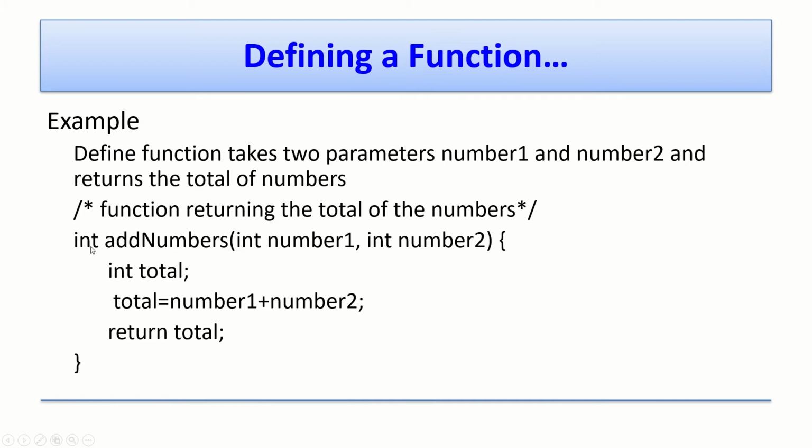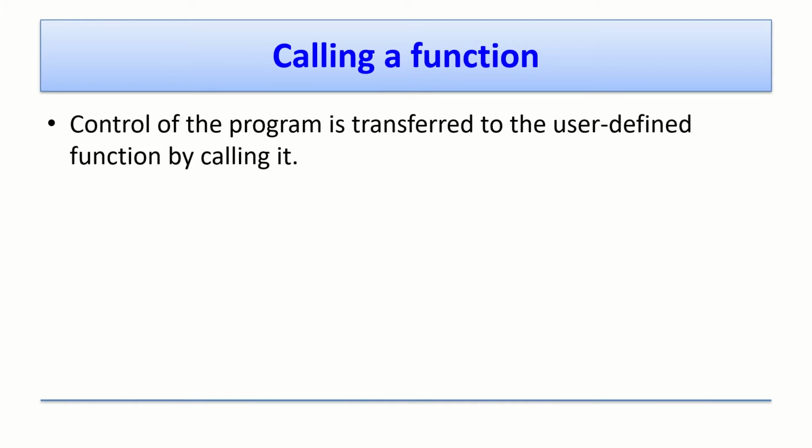So how can we use this user-defined function in our main program? Let's see how to call the defined function. Control of the program is transferred to the user-defined function by calling it. So by calling the user-defined function, we can transfer the control of the program to it.